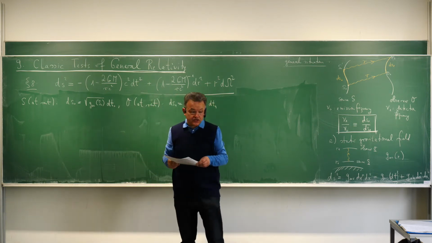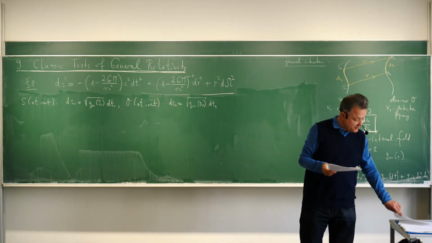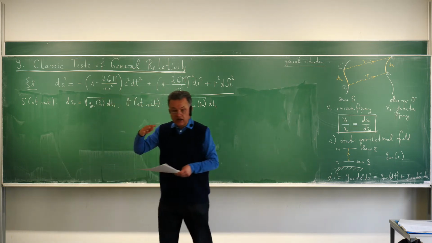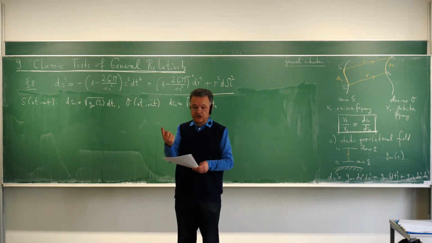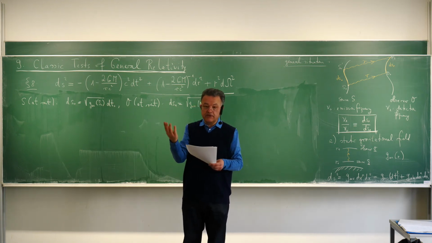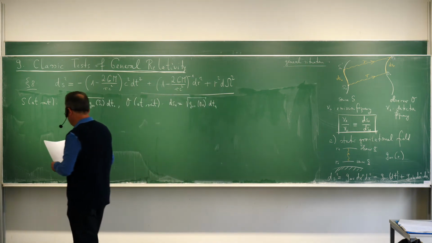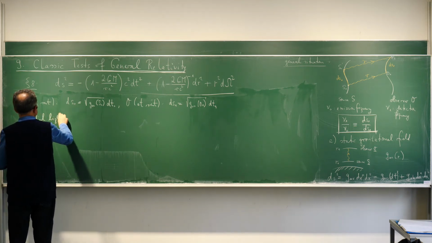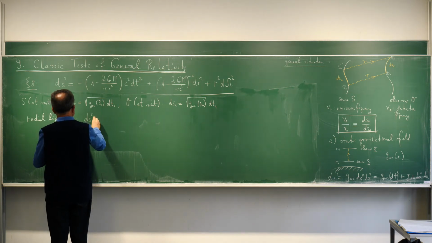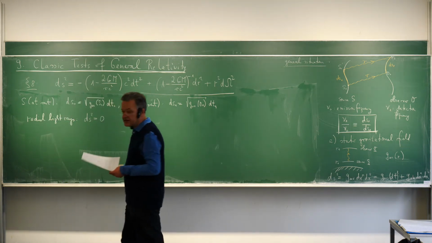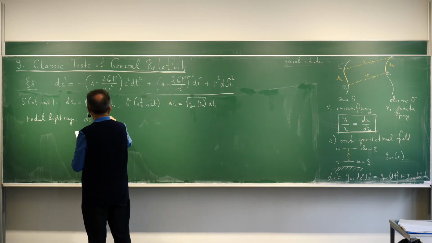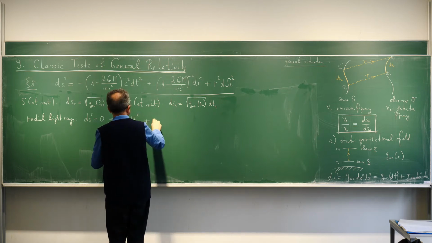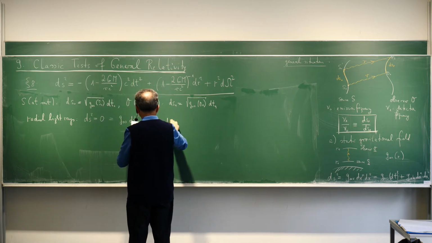So in a static situation only the g00 terms remain, and then if we consider now a light ray from the source to the observer just in radial direction, we can immediately calculate the time. So if you have a radial light ray, we have ds squared is 0, that's the null geodesic, and so this is g00 dt squared plus g_rr dr squared.